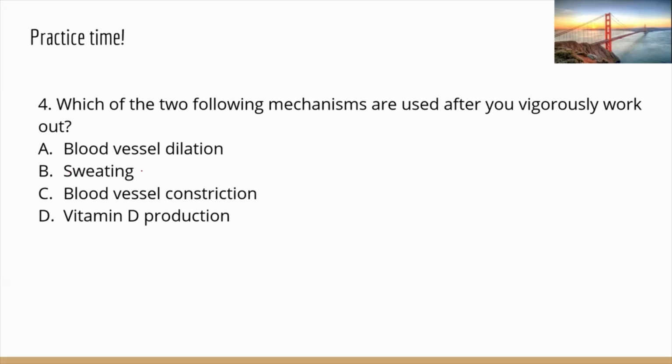So you are definitely going to sweat, because when the sweat evaporates, because it's mostly water, it takes heat away from your body. The other answer is going to be dilation of blood vessels. So you will have more blood going to your skin, to your body surface, and when the blood is close to the body surface, heat can dissipate. That takes heat away from your body.